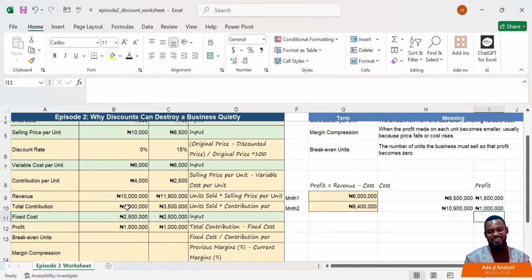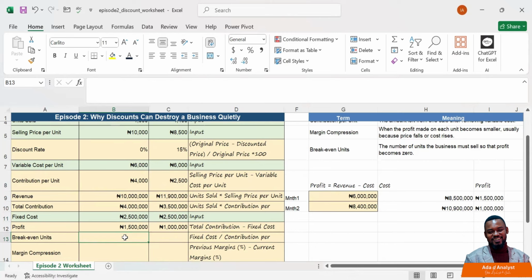So to calculate our profit, we just use total contribution minus fixed cost. Okay, so I have now shown you how profit equals revenue minus cost was a wholesome formula from which we derived the formula we used to calculate earlier.